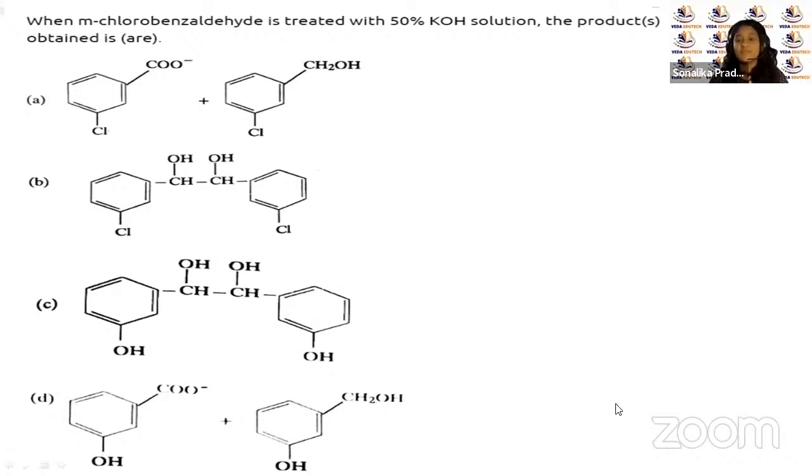So let's see what's being given here. It's given here that when m-chlorobenzaldehyde is treated with 50% KOH solution, let's write m-chlorobenzaldehyde, right? This, children, is a benzaldehyde.